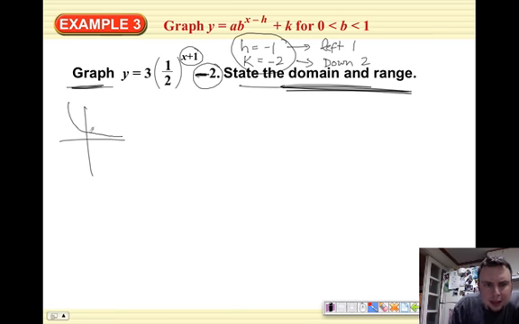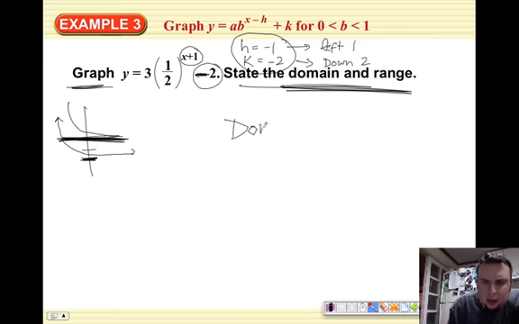So I'm going to take this picture and go left 1, down 2. The asymptote right now, I know it's a little sloppy, is right here. It's going to move down 2. 1, 2. So it's going to look like this. And I'm going to move this left 1, so it's a little bit more on this side. It's going to have an asymptote that gets closer and closer to this line right here because it moved down 2. So look at this picture right here.